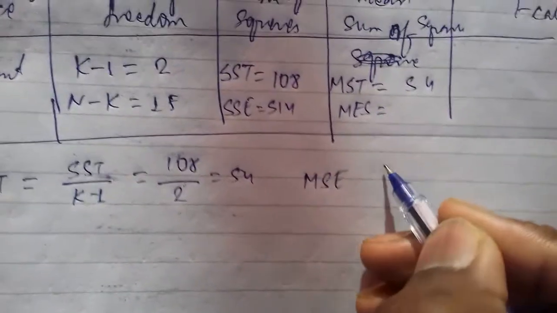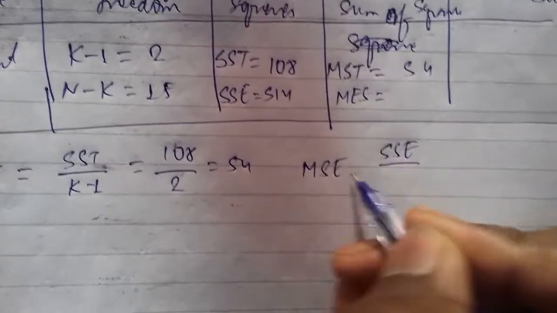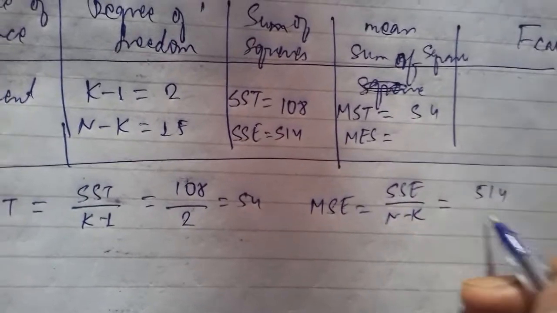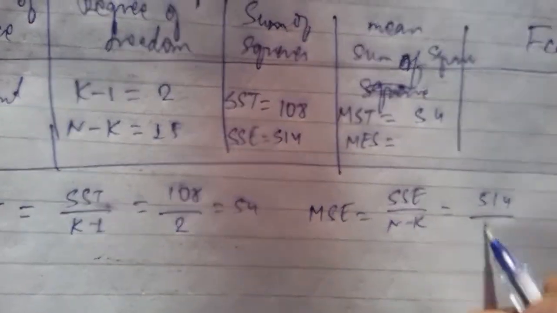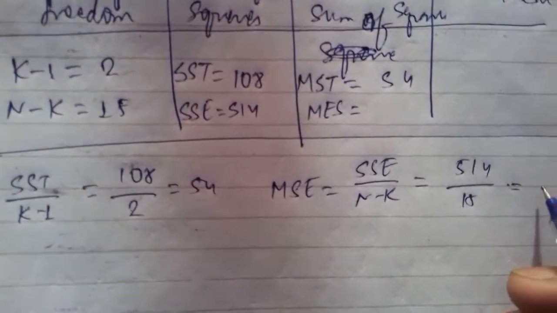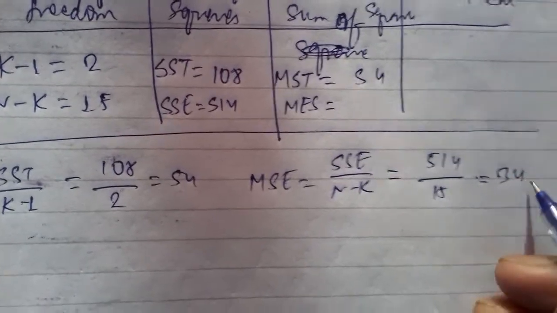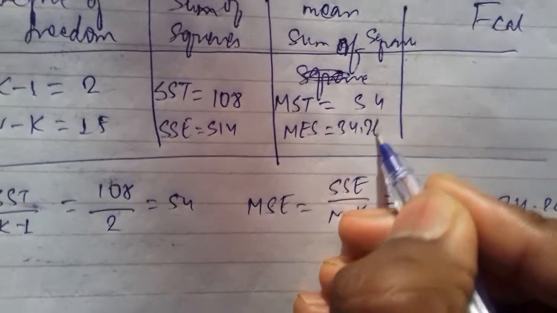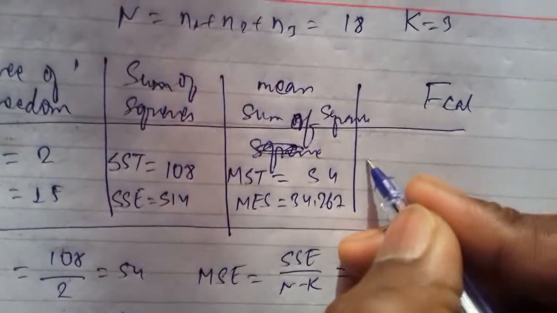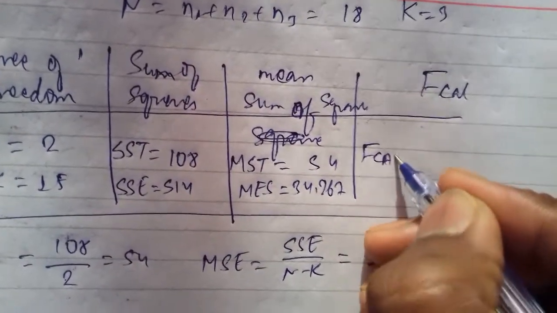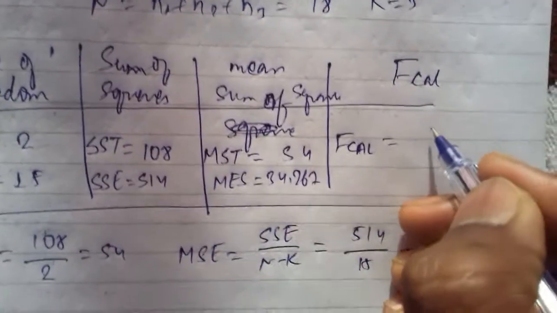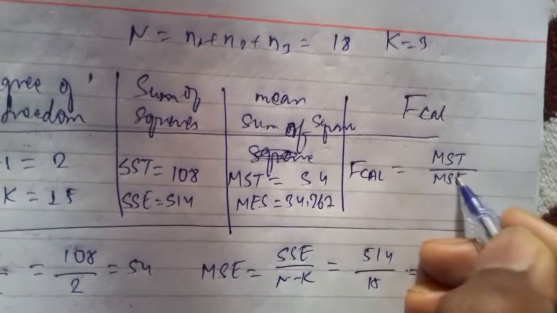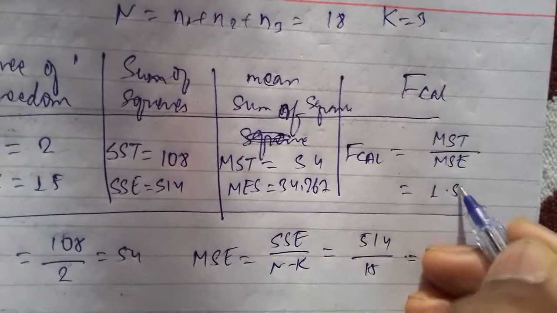The formula for MSE is SSE divided by n minus k, that is 514 divided by 15, which gives 34.267. Now for F calculation, F calculated equals MST divided by MSE, that is 1.575.